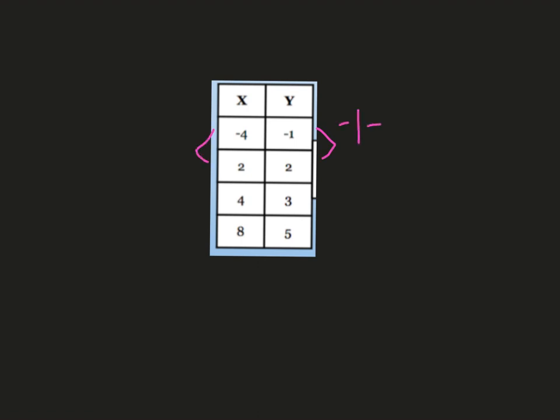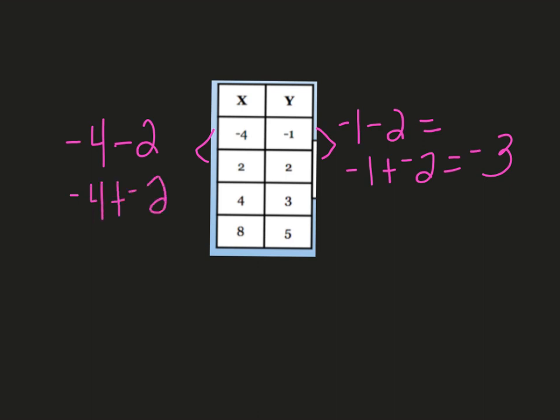So -1 minus 2 is -1 plus -2, which is -3. -4 minus 2 is -4 plus -2, so my change in y is -3, and my change in x is -6.